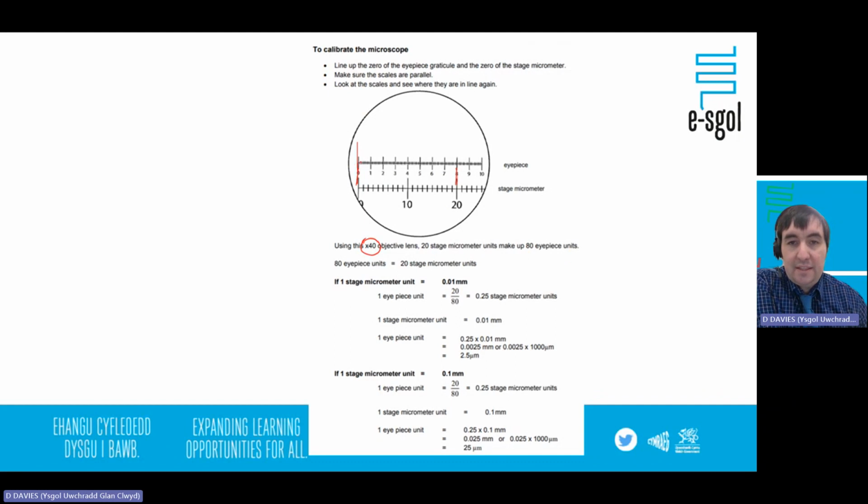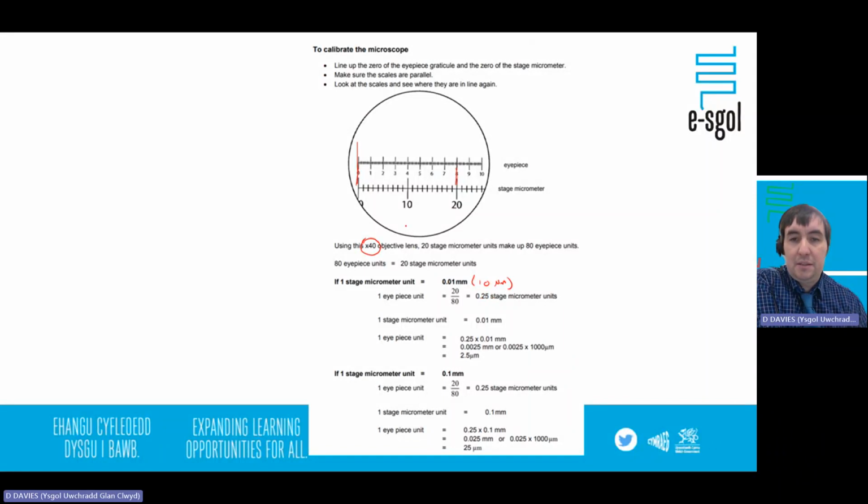Now remember, it's these tiny units we want to know. There are 80 units up to there and 20 units up to there. So if one stage micrometer unit is 0.01 millimeters, or 10 micrometers, one eyepiece unit is 20 divided by 80, so 0.25 stage micrometer units.